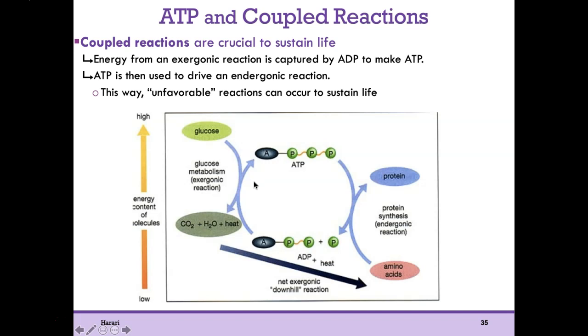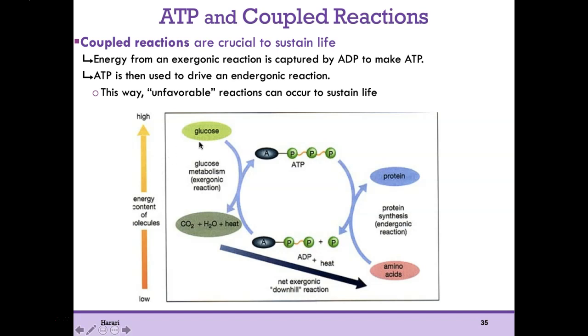We need to constantly input energy in order for us to build proteins, for example. We need to constantly build muscle. So where are we getting that energy from, right? We need to take amino acids and convert them into proteins. In order to do that, we need to use ATP, right? So we need to use ATP in order to convert amino acids into proteins. But then how do we get more ATP, right?